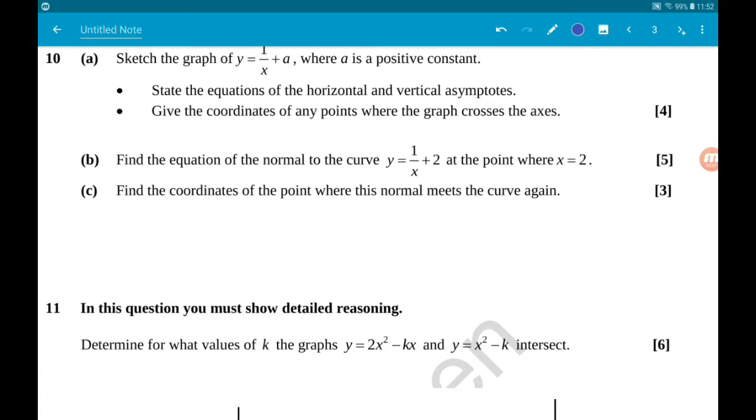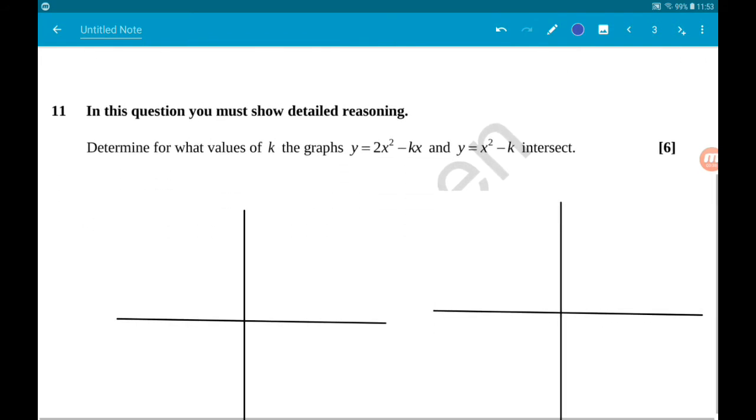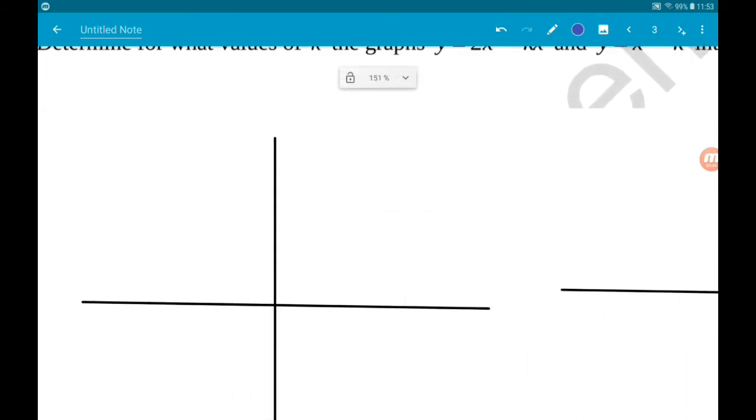Okay, 10a wants us to sketch the graph of y equals 1 over x plus a, where a is a positive constant. We need to state the equations of both asymptotes and give the coordinates of any points where the graph crosses the axes. Okay, 4 marks. So, the first thing I'm going to do is remind you what y equals 1 over x looks like.